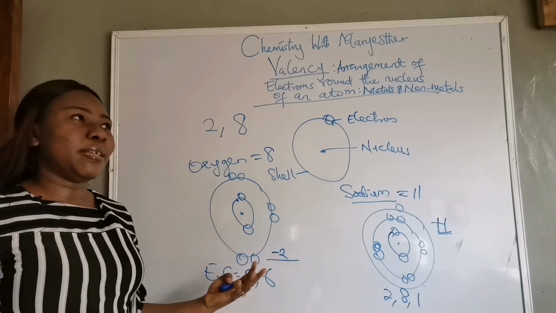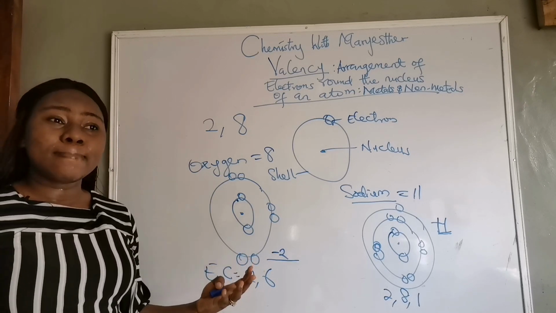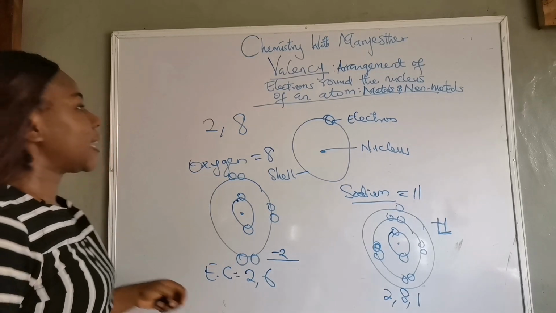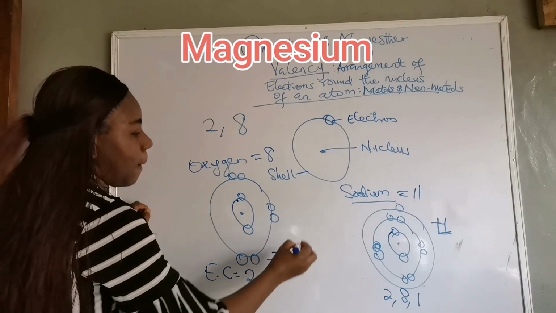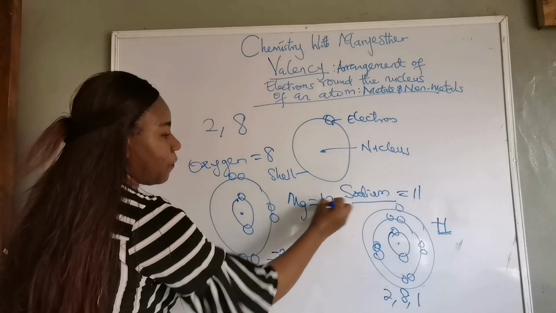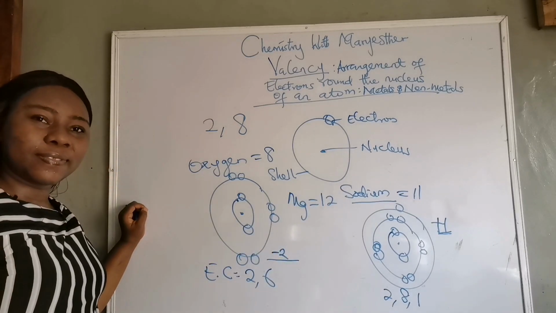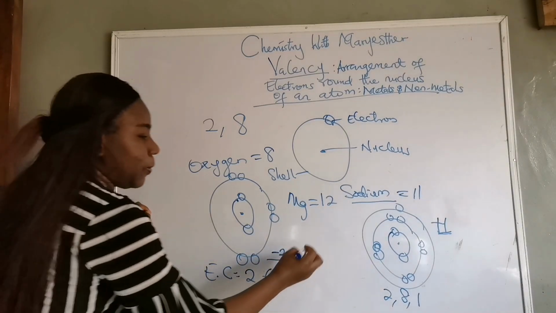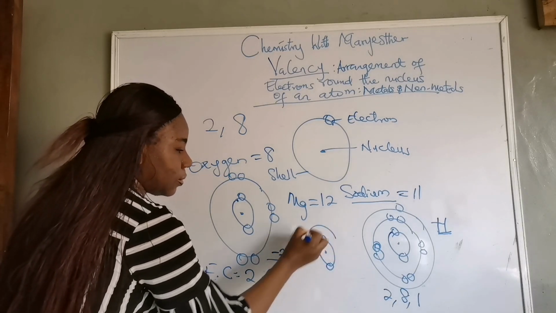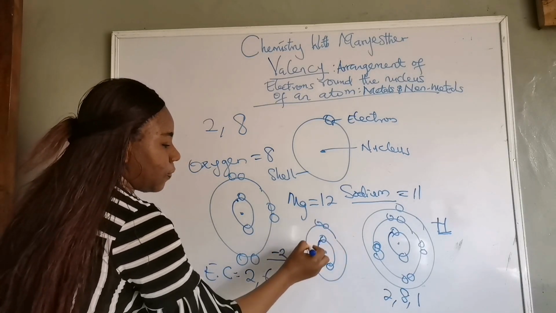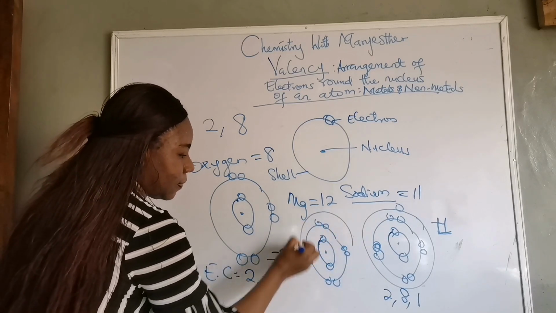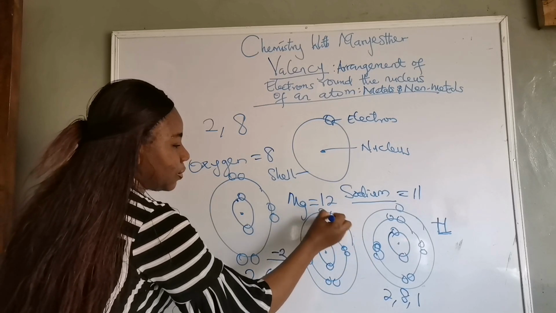Let's try out another one. Let's think of another element. Let's look at magnesium. Magnesium has an atomic number of 12. Now, the innermost shell should contain 1, 2, 3, 4, 5, 6, 7, 8, 9, 10, 11, 12.